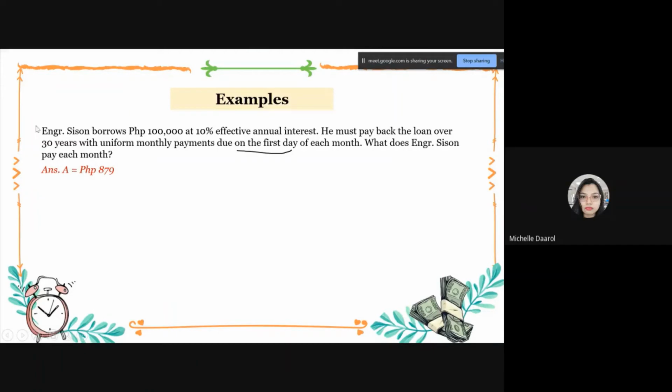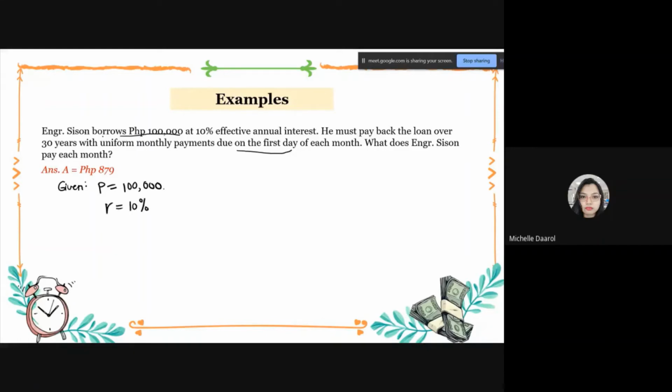So the question is, what does engineer Season pay each month? Let's write the given first. Engineer Season borrows 100,000, so that must be the present value, the principal, at 10% interest.